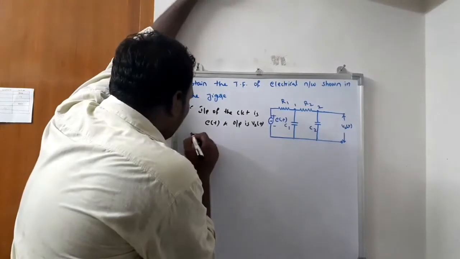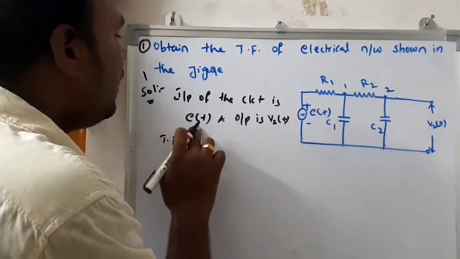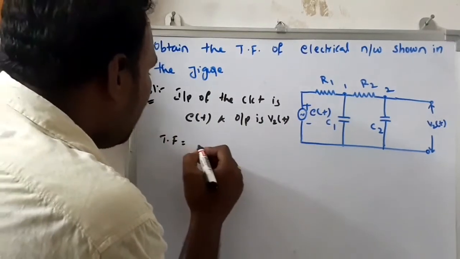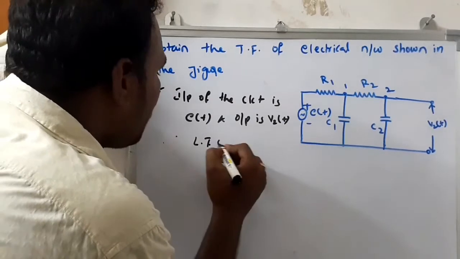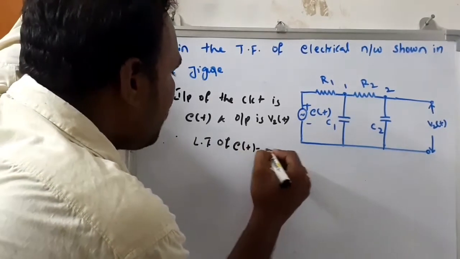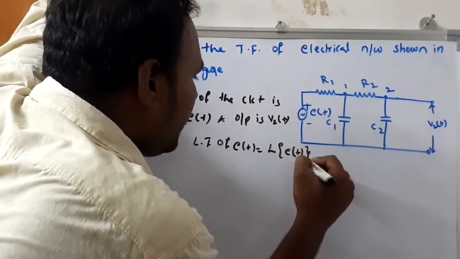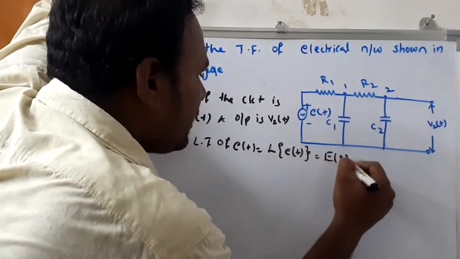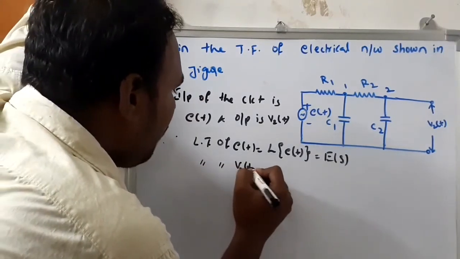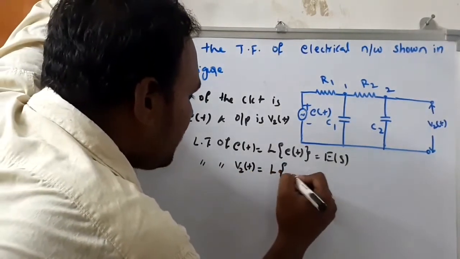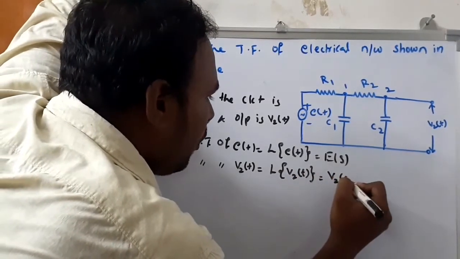So we are going to take the Laplace transform of e(t) and v2(t). The Laplace transform of e(t) is E(s), and the Laplace transform of v2(t) is V2(s).